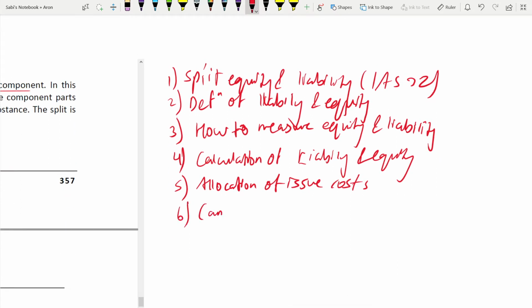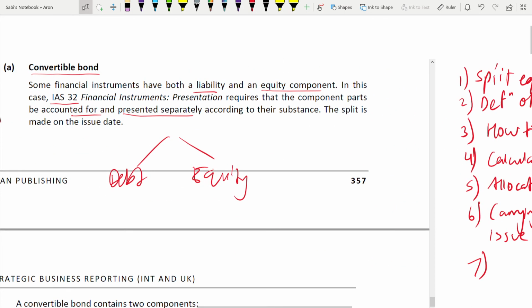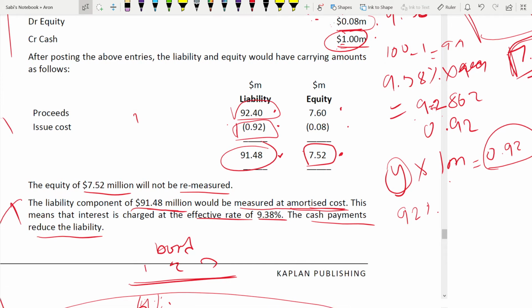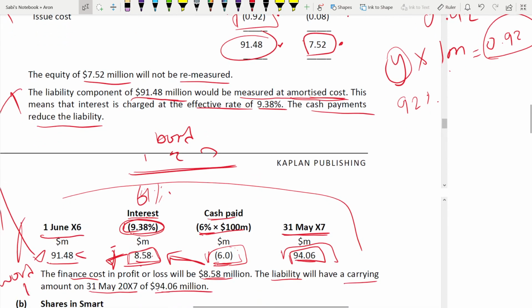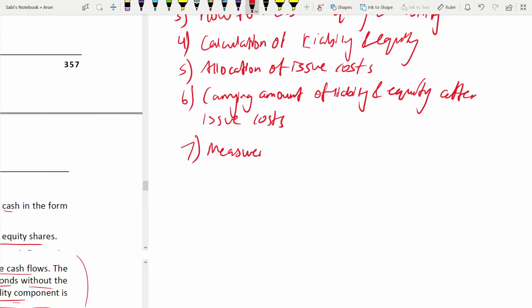Six, carrying amount of liability and equity after you deduct the issue cost. 7, remeasurement of liability and equity. Not remeasured: to say that also, even though you're not remeasuring it, it will remain the same.